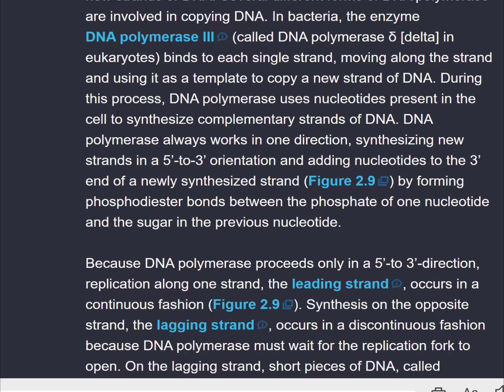DNA polymerase III is one form of DNA polymerase, the primary DNA polymerase which copies DNA in prokaryotes.